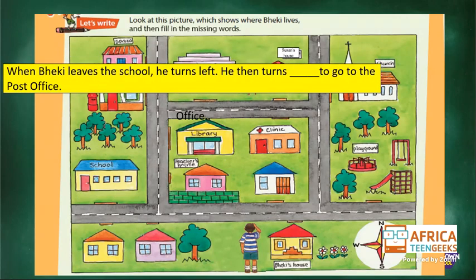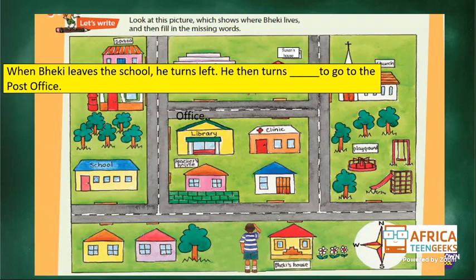When Becky leaves the school, he turns left. He then turns which way to go to the post office? So I've hidden the post office, but it's right at the top there. Do you think he turns right? So think of it, he's coming out of the school, and then he turns left, and he goes along this road to his house.